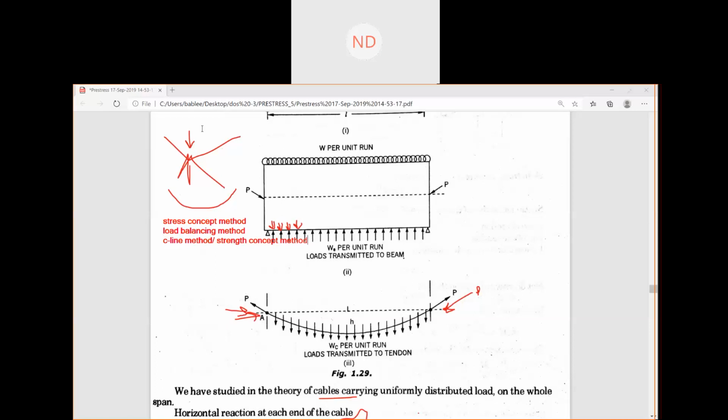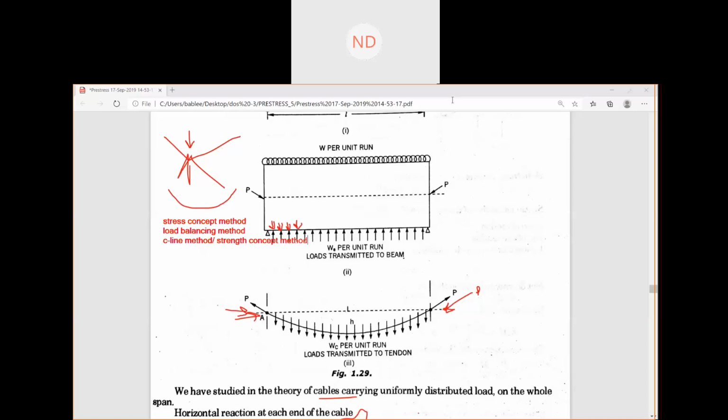Actually, in the load balancing method, they try to totally neutralize the upper external downward loads. We'll talk about the load balancing method in detail after this parabolic profile is done.